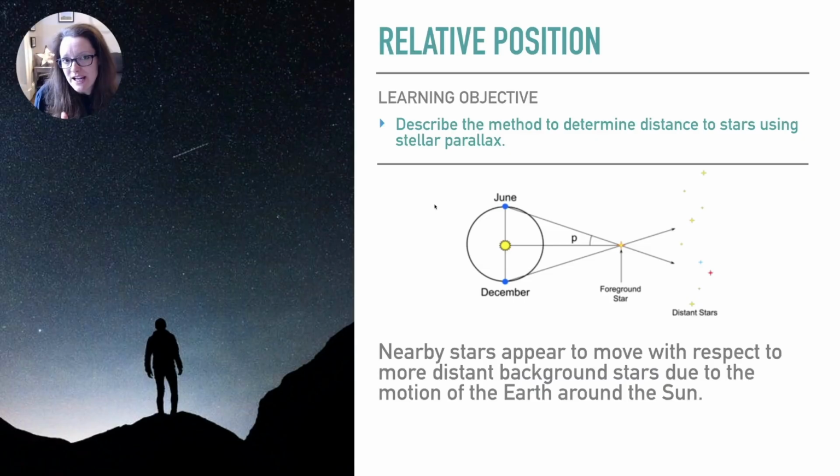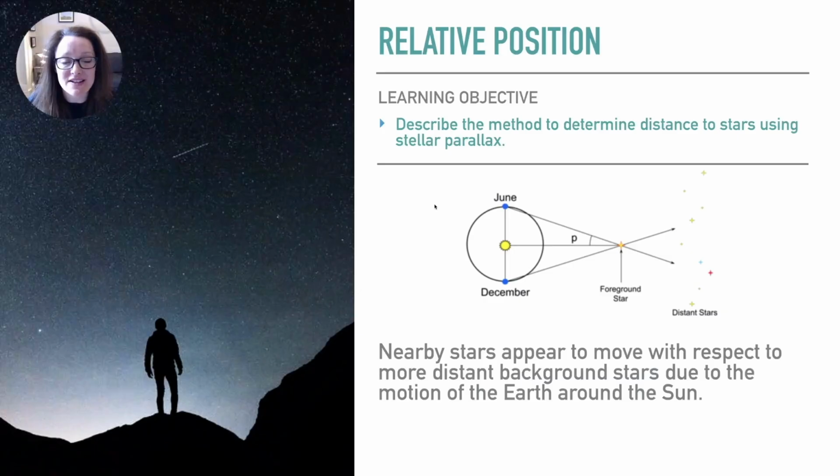So in June, if you look at a star, the foreground star, which in this example was our finger, and if you look at that foreground star in relation to distant stars, you see it in a certain position. You wait 6 months later, look at the same star or the same finger in relation to the other side of the Earth's orbit, and it looks like it's in front of a different star. Okay, so that change in relative position means we can work out the difference in angle.